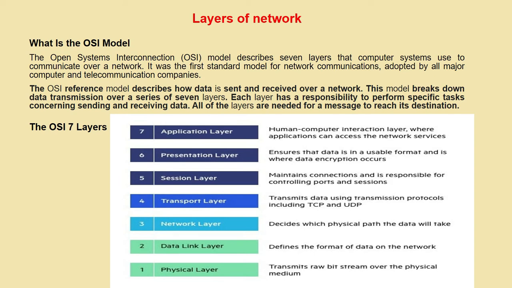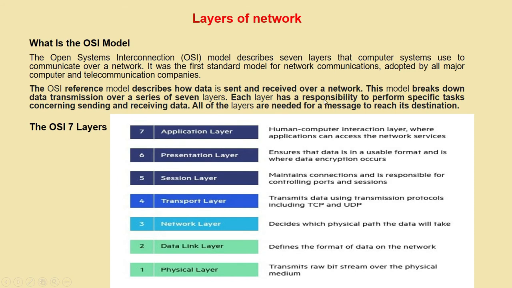The OSI reference model describes how data is sent and received over a network. So here the main thing you have to remember is that the OSI reference model describes how data is to be sent and received over a network. This model breaks down data transmission into a series of 7 layers.